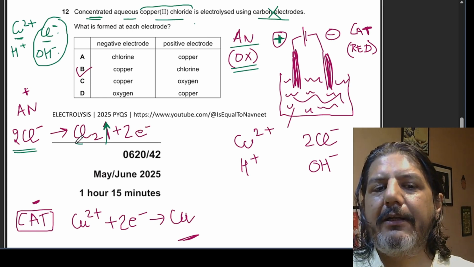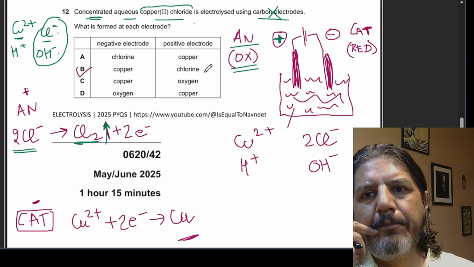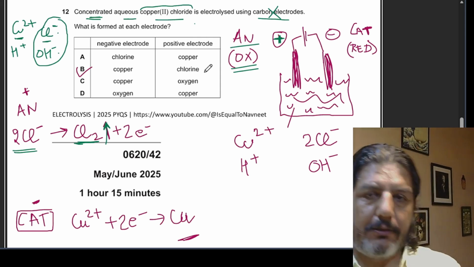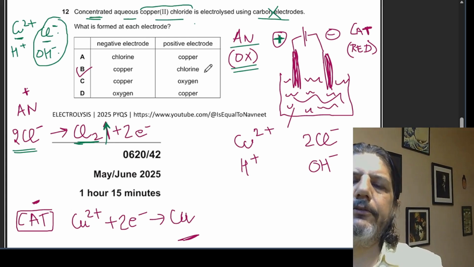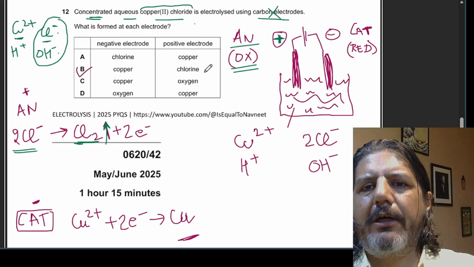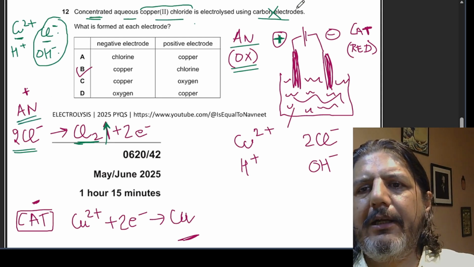This will be the green colored gas that you will see on the anode side. Color of the gas which is discharged, uses of the gas, and test of the gas are the common questions that you are usually asked. So we have looked at the positive electrode. Now let us look at the negative electrode.